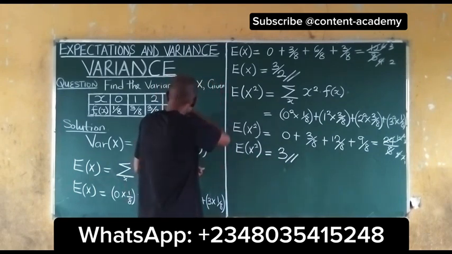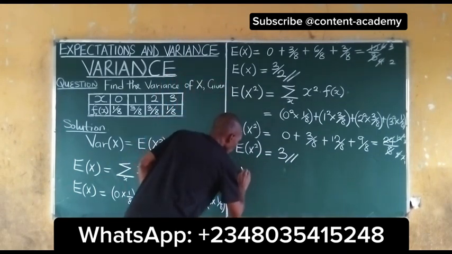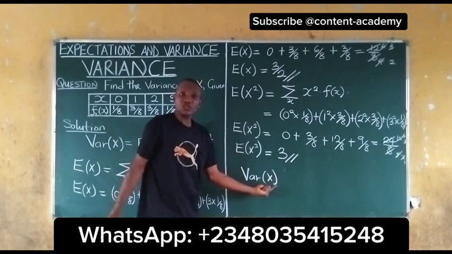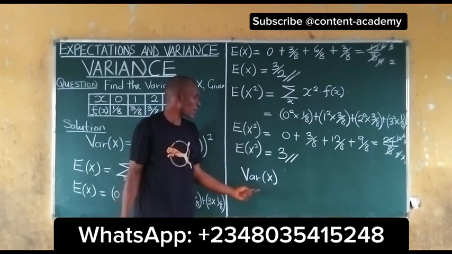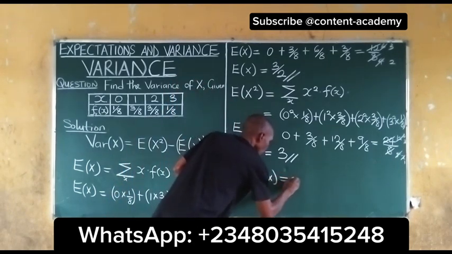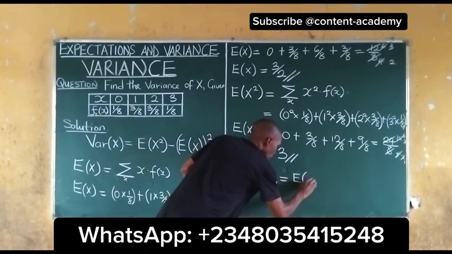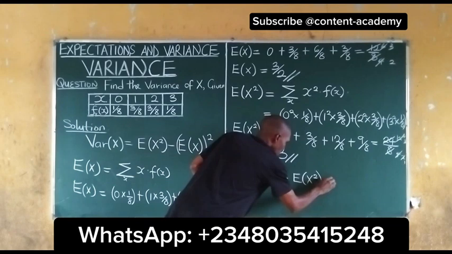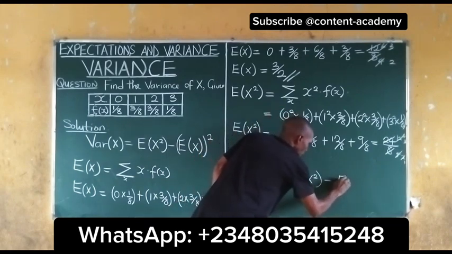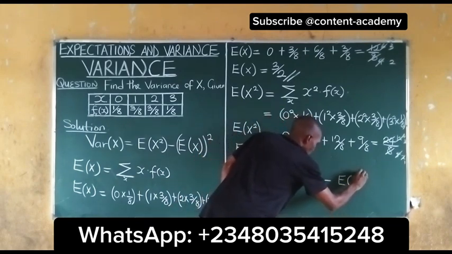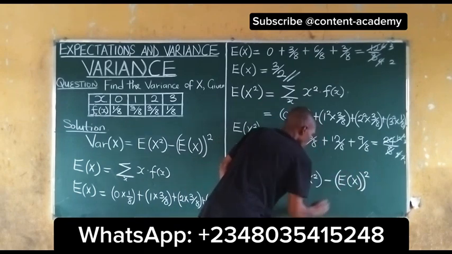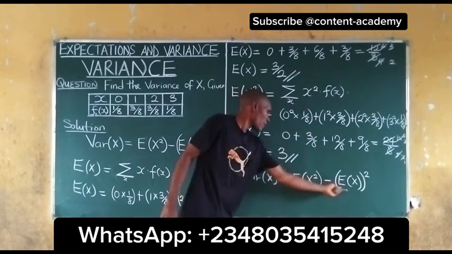Now, we come back to what we have as our variance. We said our variance of x is the expectation of x squared minus the expectation of x, all squared. So we have the value for this and we have the value for this.